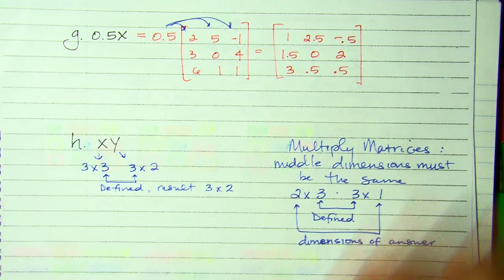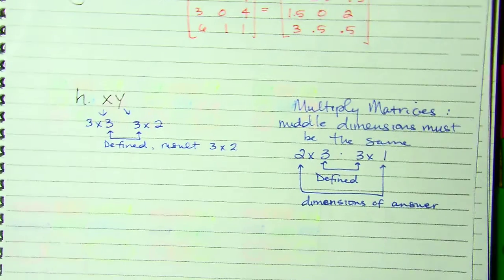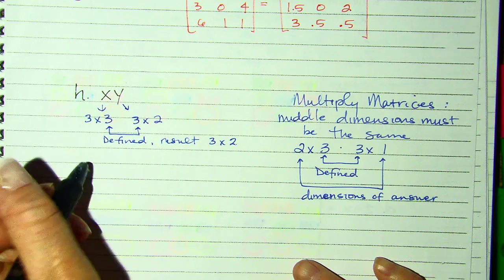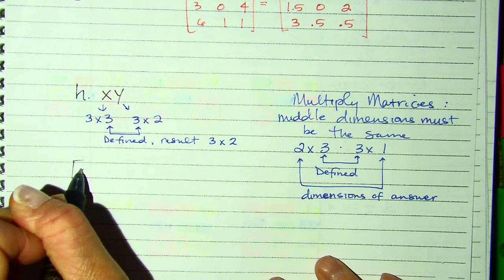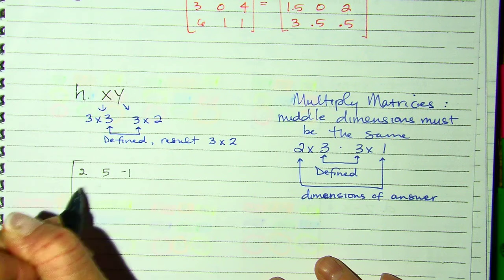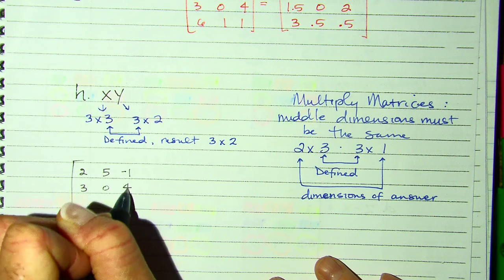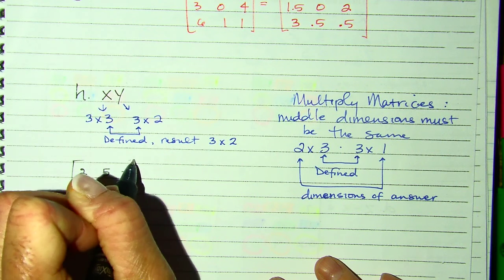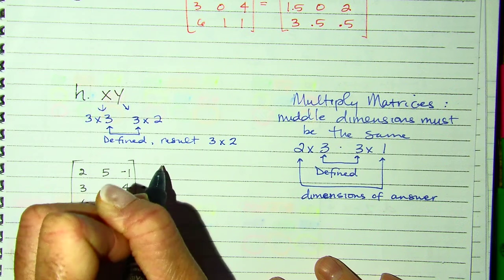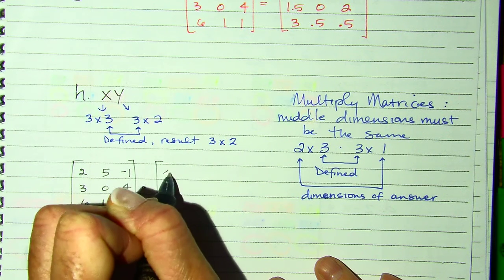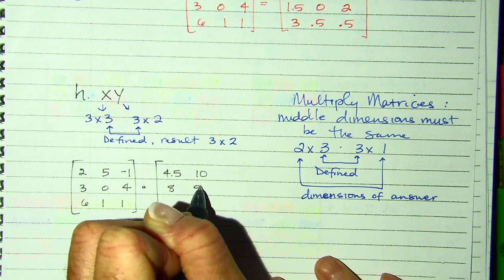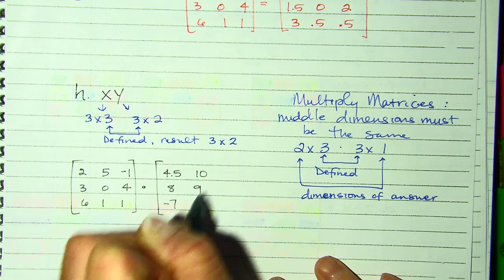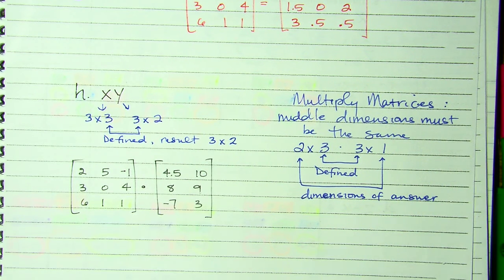So I'm going to go over how to multiply. It is kind of difficult. So matrix X is 2, 5, negative 1, 3, 0, 4, 6, 1, 1. And I'm multiplying that by matrix Y, which was 4.5, 10, 8, 9, negative 7, and 3. So hold tight. Here we go.